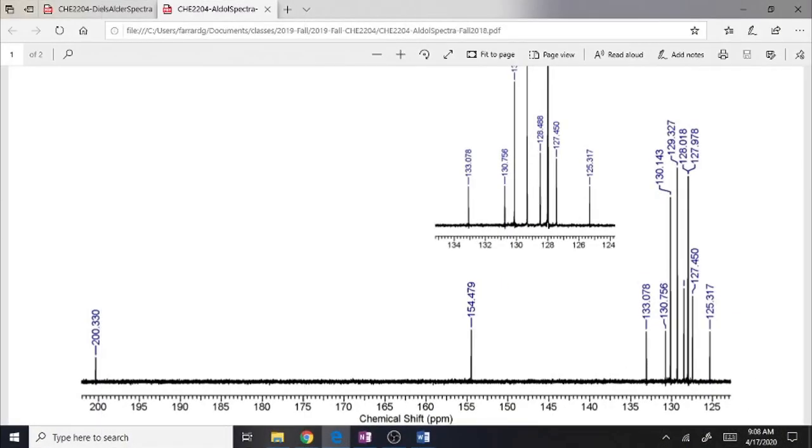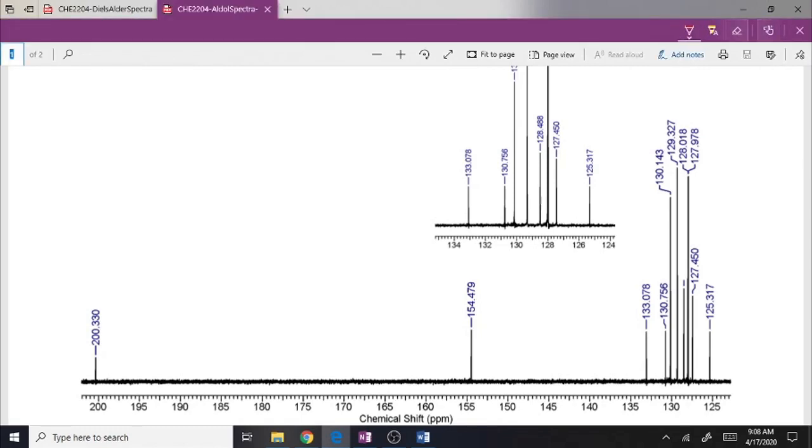For carbon NMR, of course, we've talked about this before, but with the carbon, of course, know your regions. This is the carbonyl region. The rest of these are in the aromatic alkene region. Similar to the proton NMR, they do overlap.